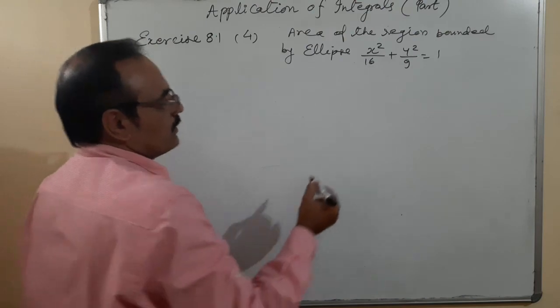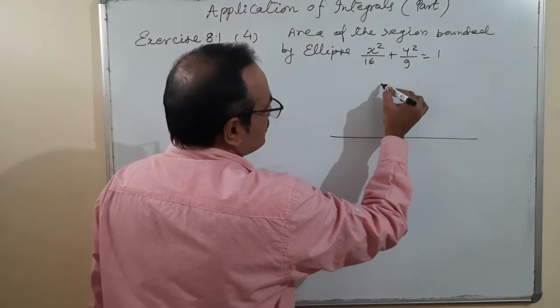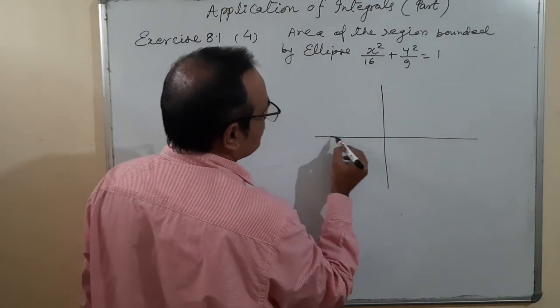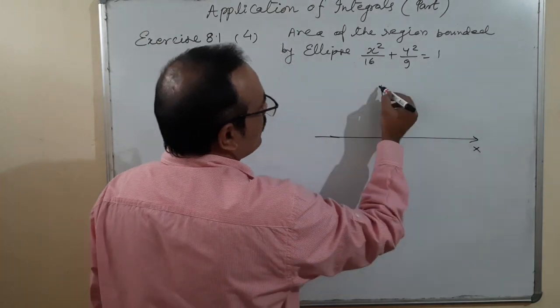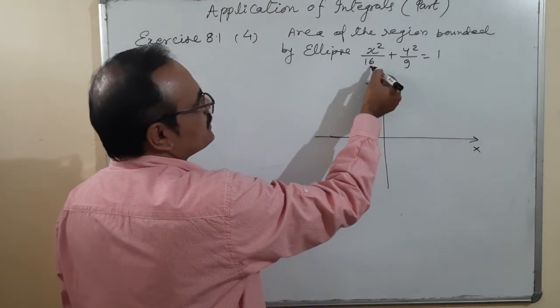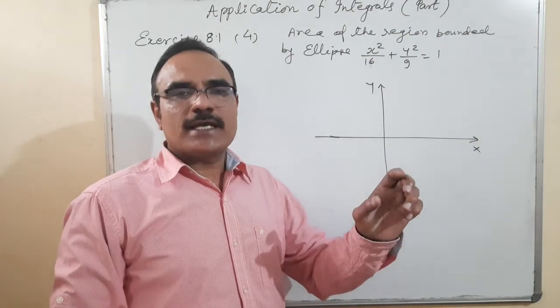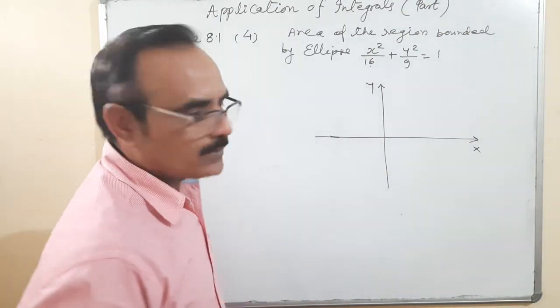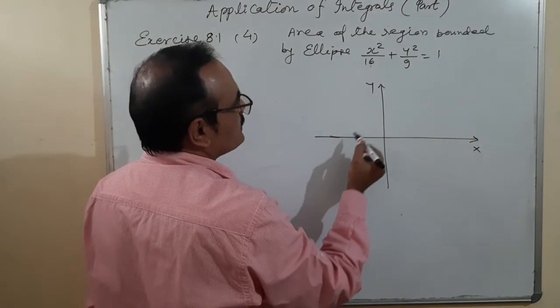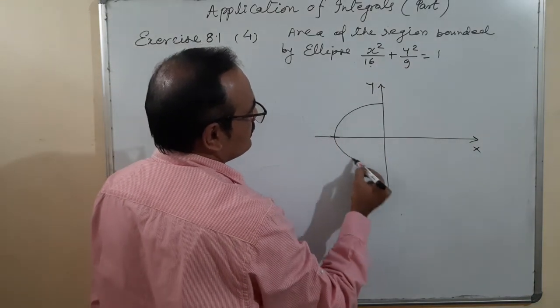Okay. You are aware of the ellipse, major axis and minor axis. How to determine which one is major? Because x square of 16 is greater than 9, therefore this ellipse lies on x-axis. That means its major part is on the x-axis, like this.